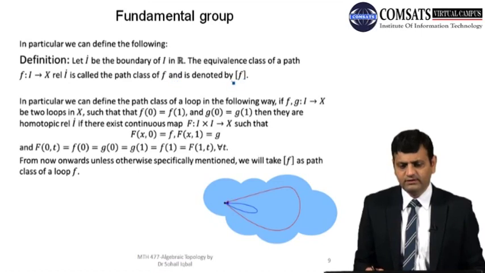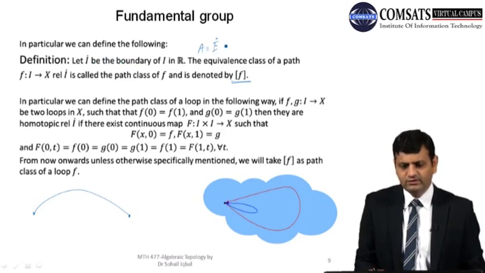So basically if I have a function and now the set A in this case is I dot, the boundary. So what is the boundary of this closed interval? It's 0 and 1. So in the relative homotopy, if we take A to be this set, then what does it say?